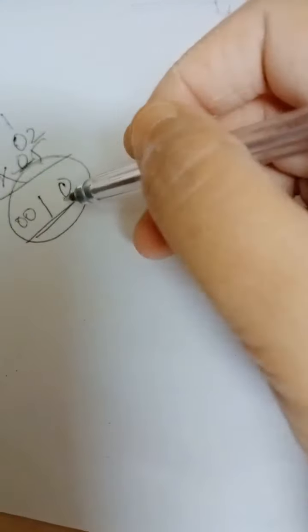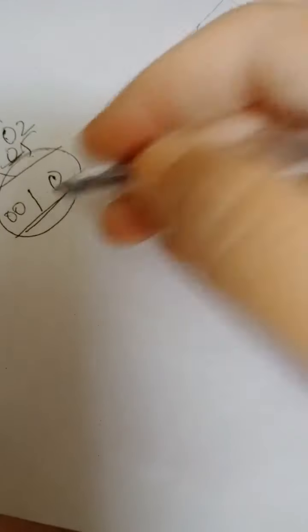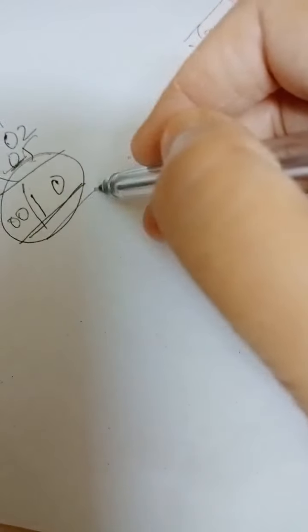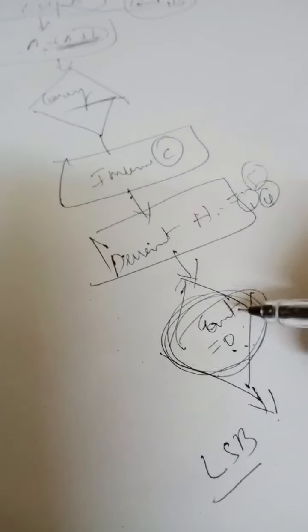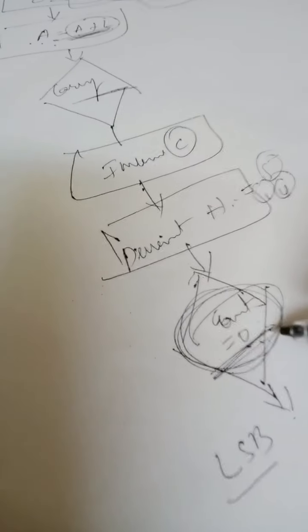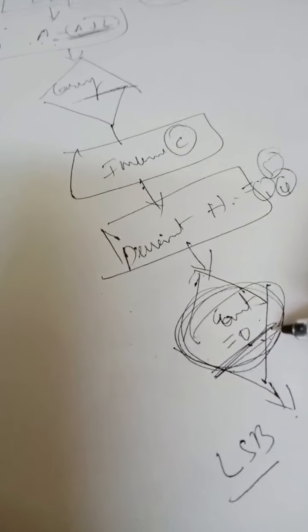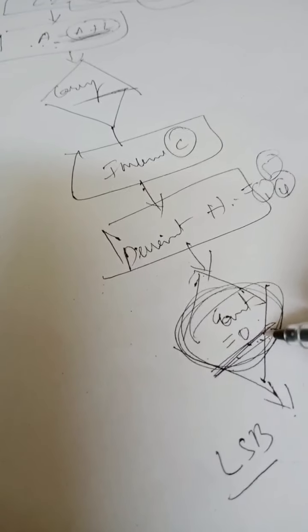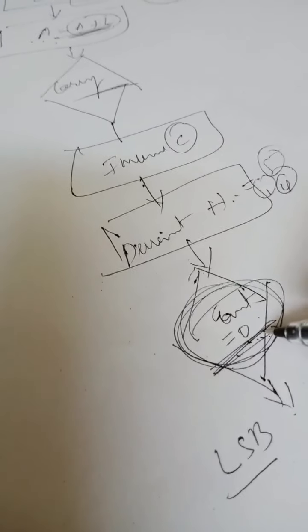So what will it do? It will take the LSBs and MSBs. This is always the most significant bit, and this is the least significant bit. Remember this. Count has become 0. As soon as this count has become 0, what will be the next step?